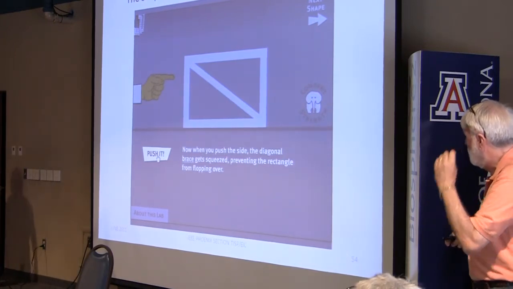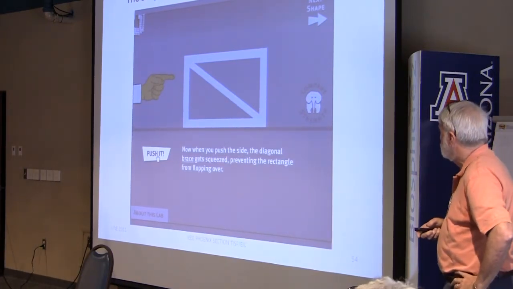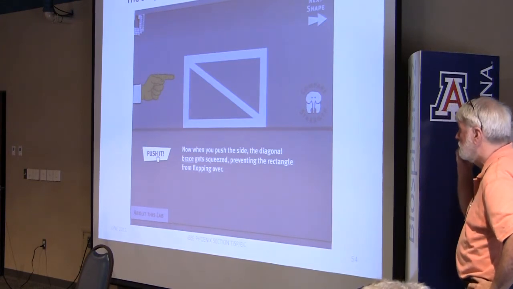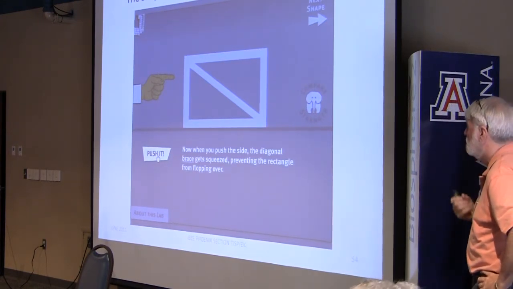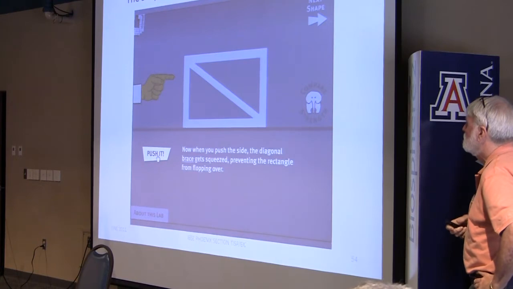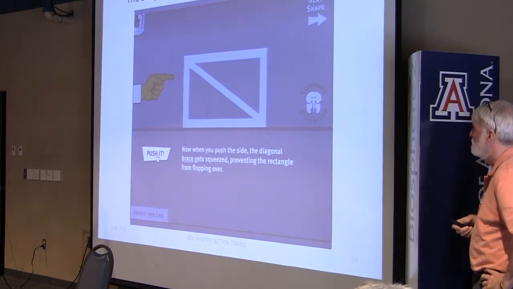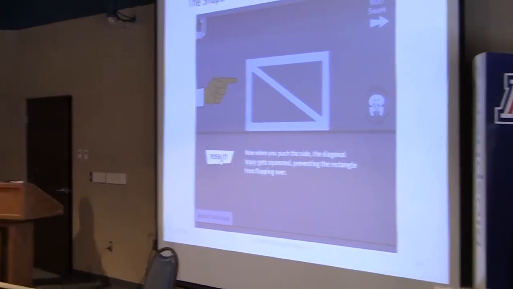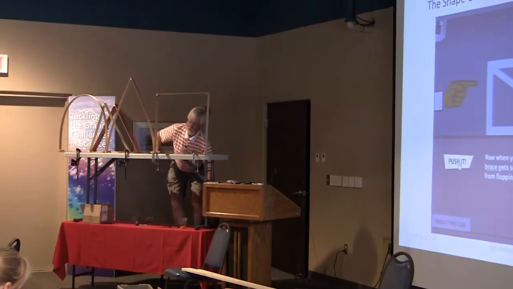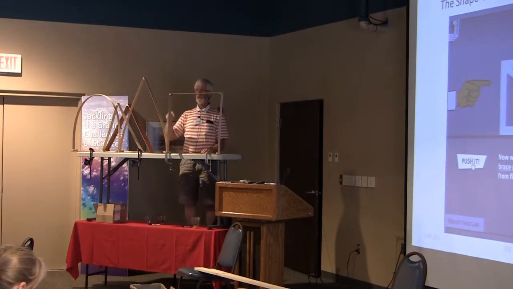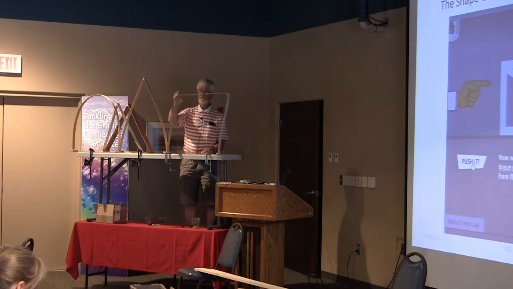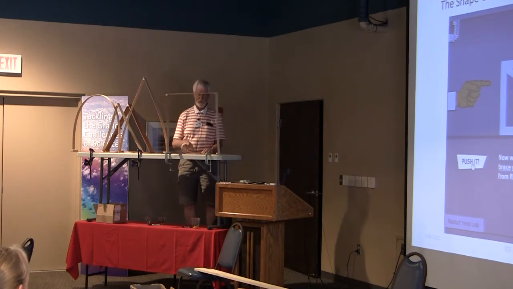What we've done, we figured that this is nice, but it'd be much better if you had something the kids could actually play with, so we built these. I'll have to climb on the chair and put it up high, so you can all see. We start with a square. That has no rigidity to it.